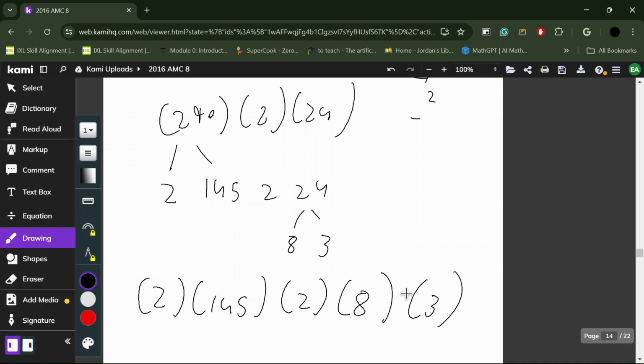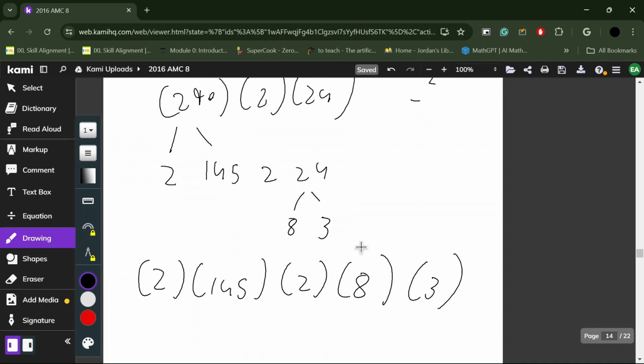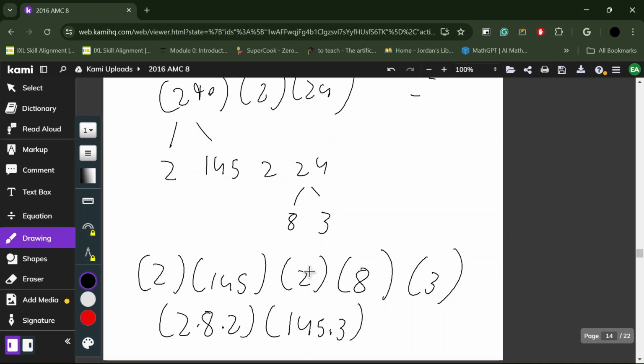Just to elaborate on why we're doing this: it's to see only the ones that are divisible by 2. So we can group them into two groups. The ones 2 times 8 times 2, which are divisible by 2, and 145 and 3, which are not divisible by 2. So we're not actually worried about 145 times 3. We can just ignore it.